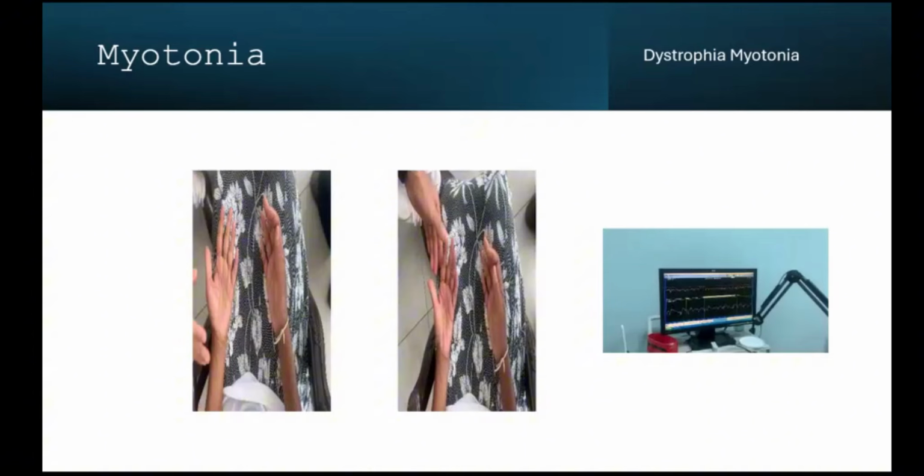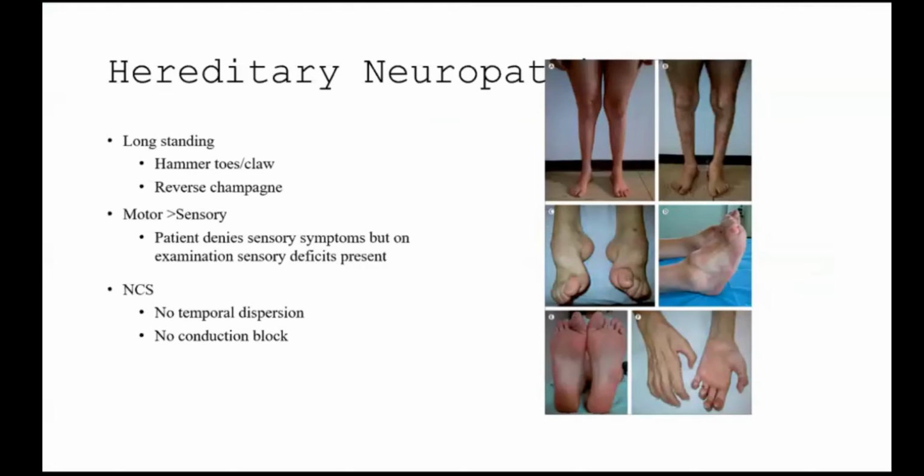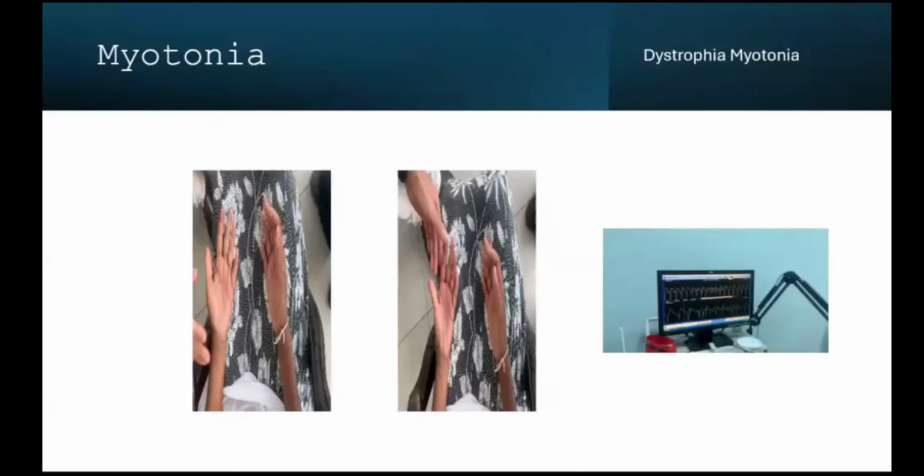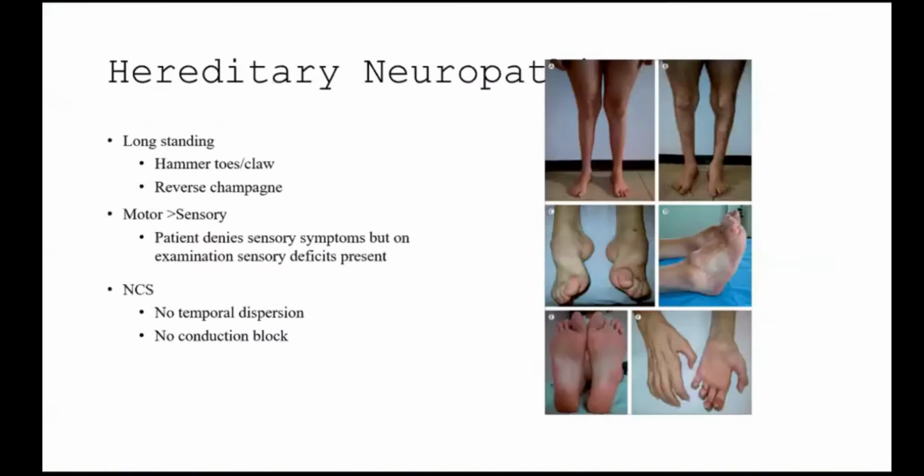And lastly, we have the classic dive-bomber sign on EMG. In dystrophia myotonica there are classically two types, type 1 and type 2. Type 1 manifests these myotonias and distal weakness more, compared to type 2, where the weakness will be more proximal.